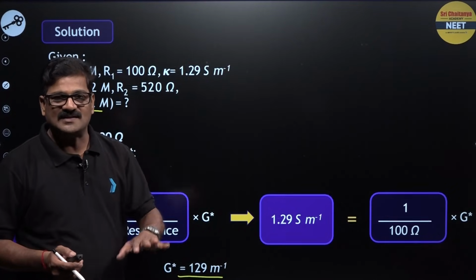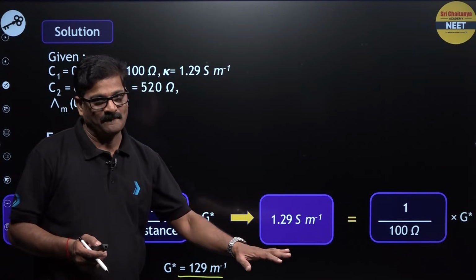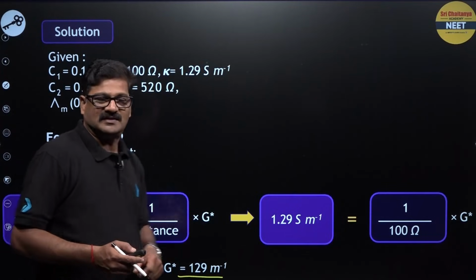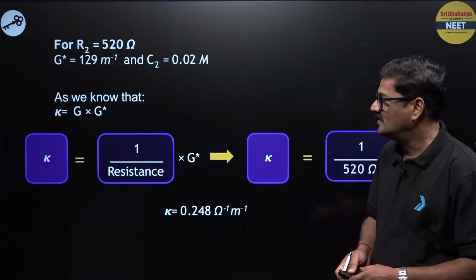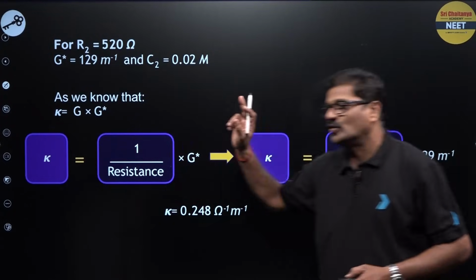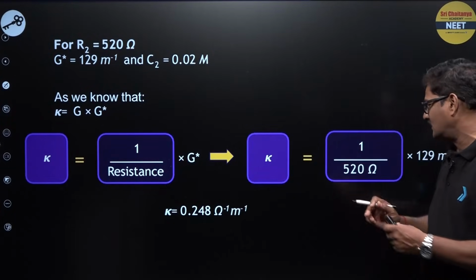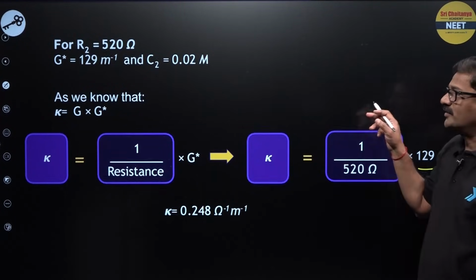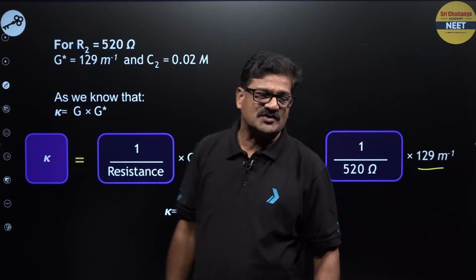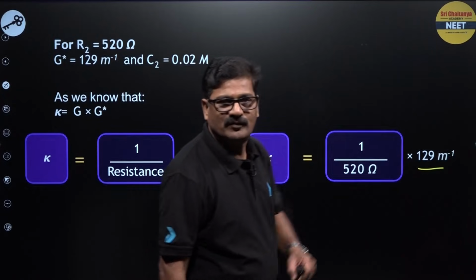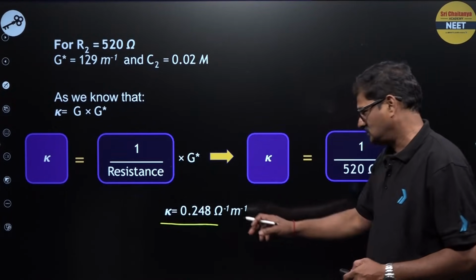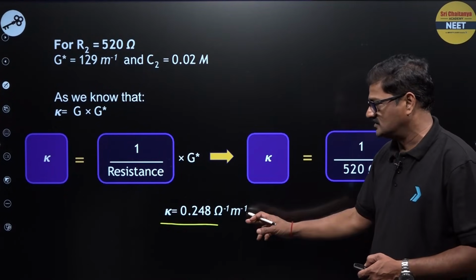As I said, this is a replica of the previous question. Take this cell constant and calculate the specific conductance K. K is equal to 1 by resistance into G star. G star now came out as 129, and the resistance is 520. So put 1 by 520 into 129, and you are going to get 0.248 ohm inverse meter inverse.